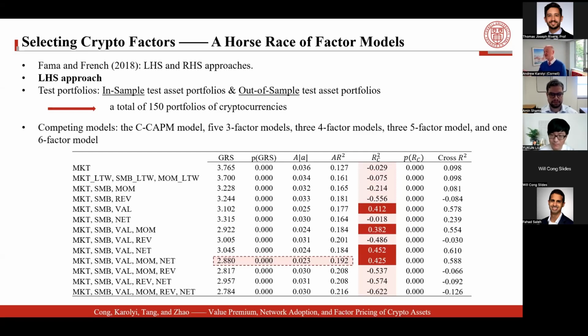There's the unconditional R-squareds in the final column, but the constrained ones are what we think is the best metric of success from a left-hand side approach. And you can see here that the market, small and value factor model, which is the equivalent to LTW but built from the broader sample, is not so bad, but you can get a little more action out of it if you throw in a network effect factor.